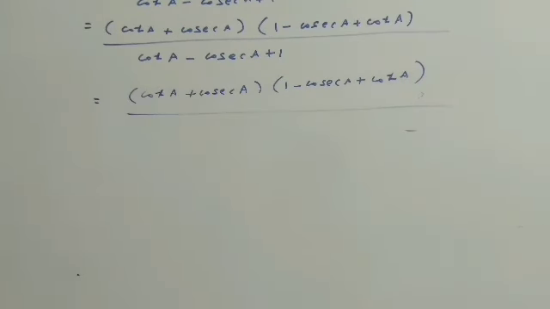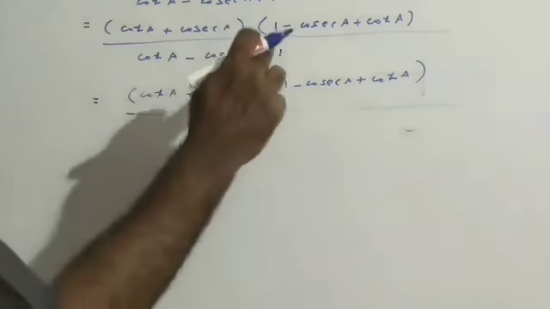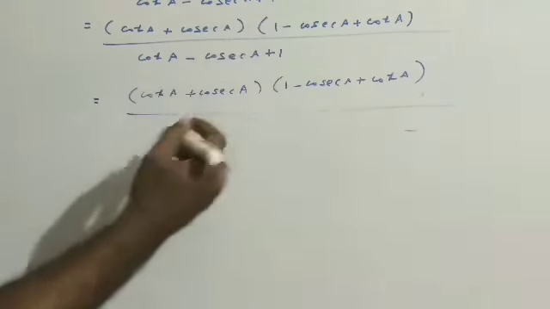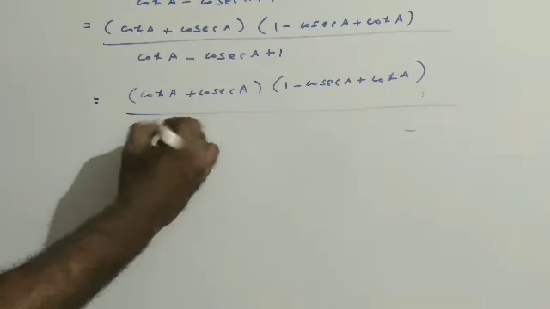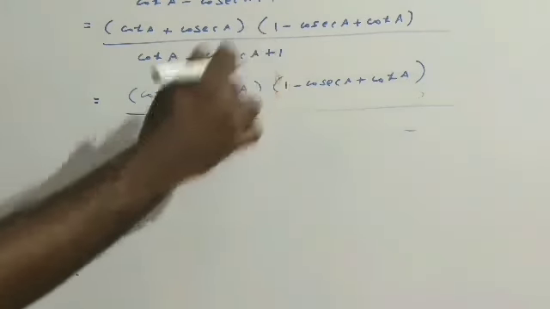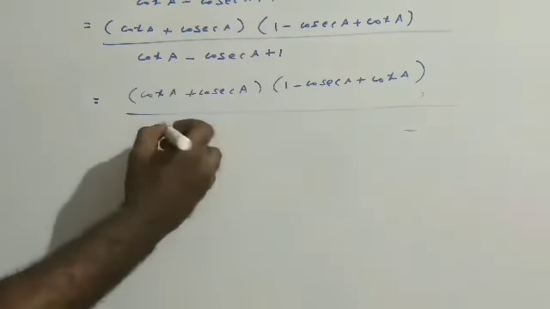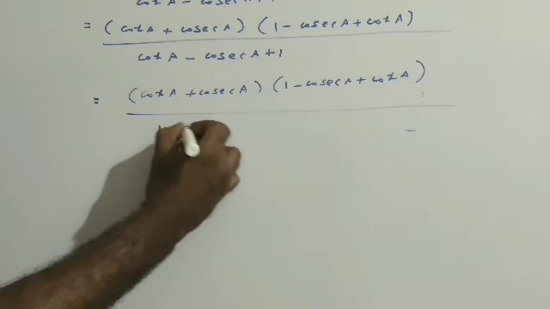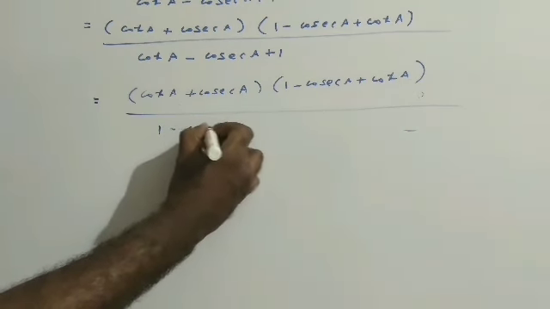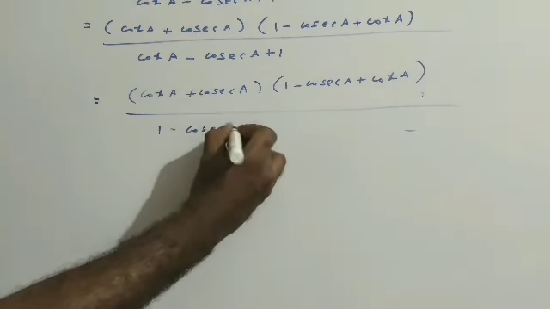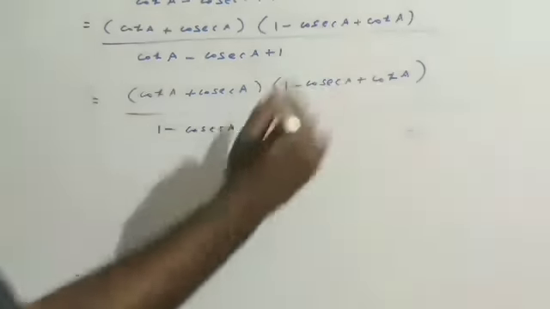Now write the denominator as it is in the numerator. First term is 1. Then minus cosecant A. Then plus cot A.